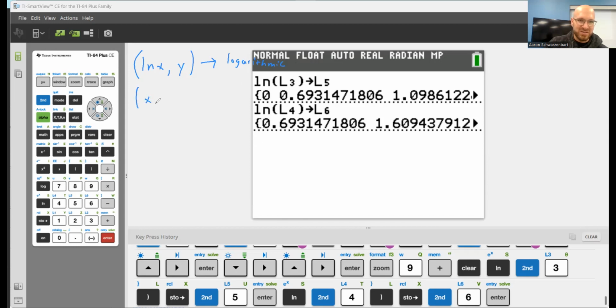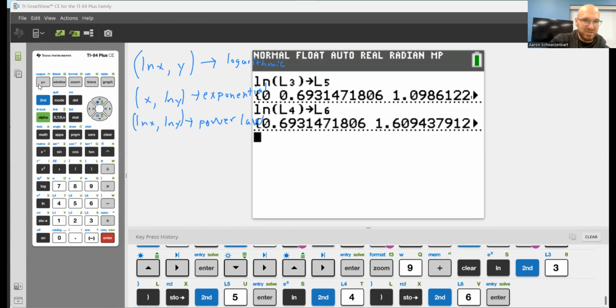If I do x versus ln y, this is exponential. And if I do ln x versus ln y, this is the interesting one. This is power law. So it's a power function, like y equals a times x to the b. So we're going to take a look here and see.